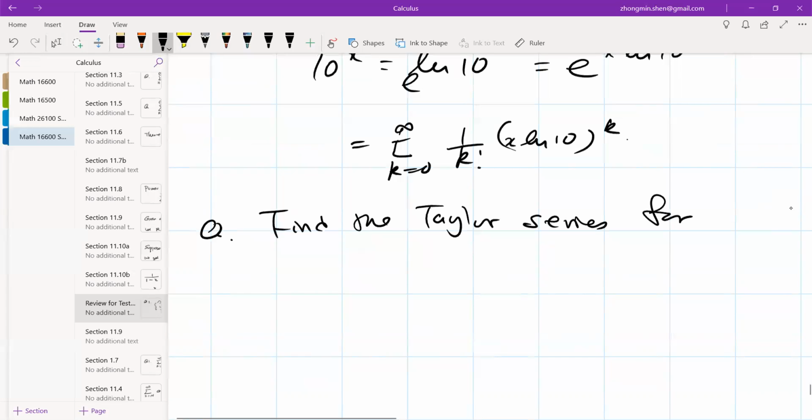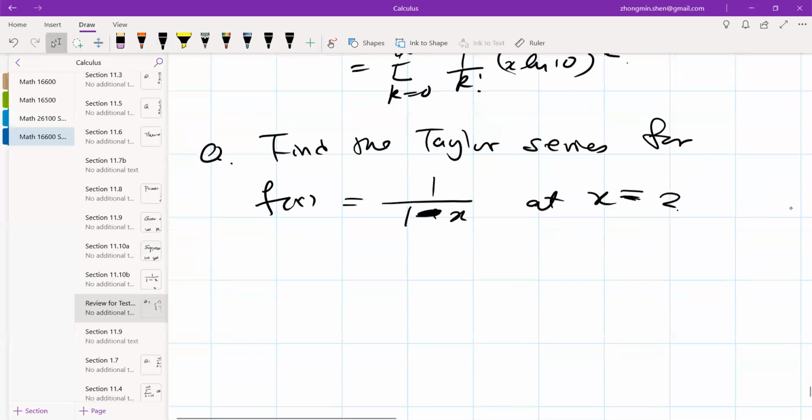Find the Taylor series for the function, right?